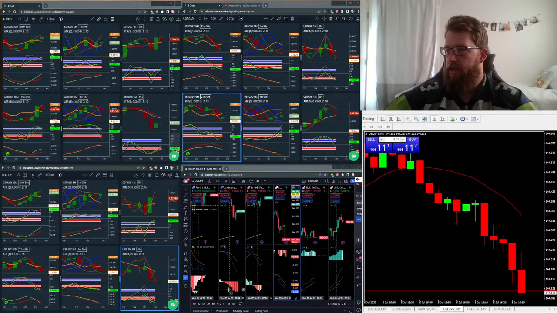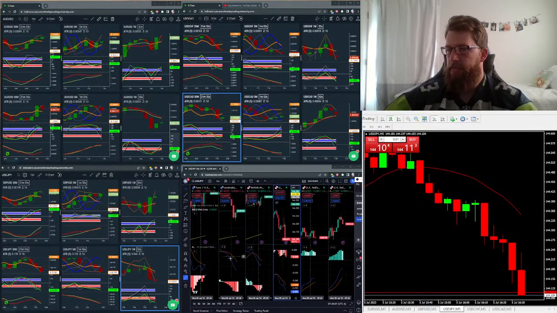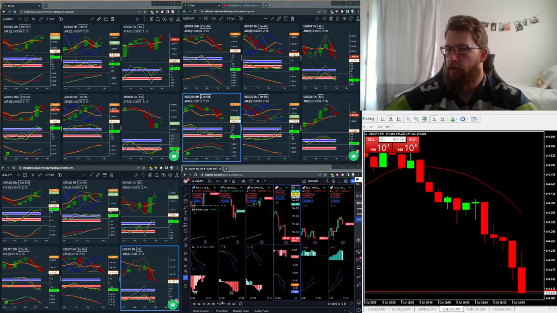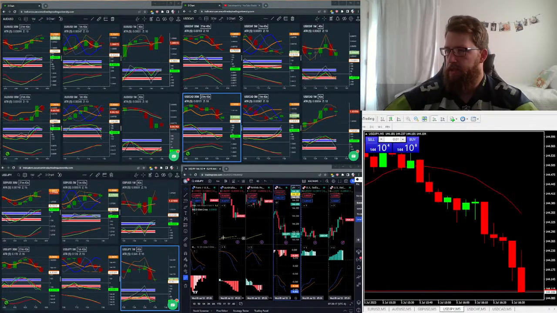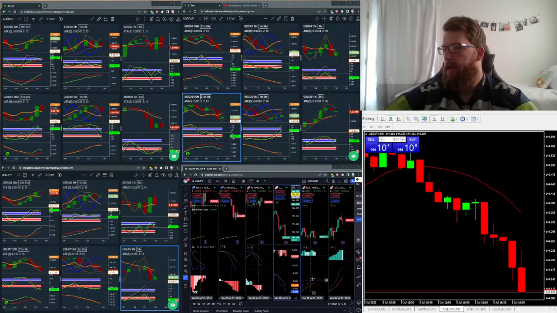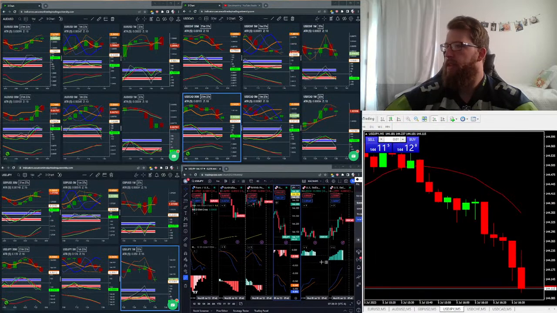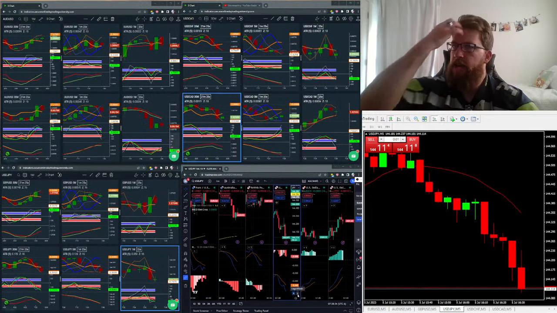If you get a cross going back up, that is a buy signal. The MACD has to cross below this line toward the upward direction if the price is above the 200 EMA. And if we're looking at these ones where the price is below the 200 EMA, then we're looking for a sell signal, if the MACD is above the halfway here and crosses back toward the upside. So that's the signal for that strategy.